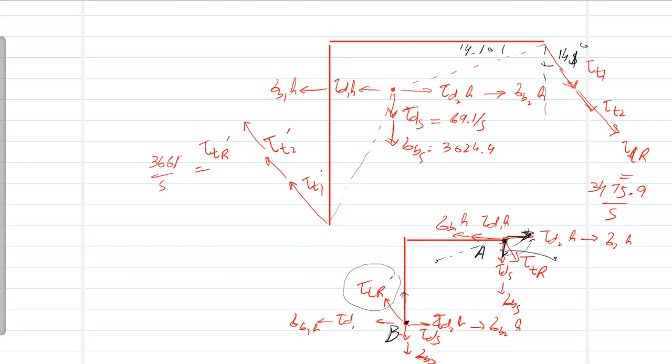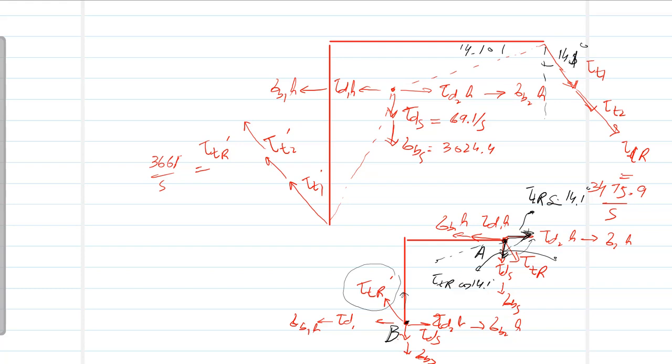This is tau TR, because this angle is, this is the sine component, sine of 14.1 degrees, and there is another component which is tau TR cos of 14.1 degrees.